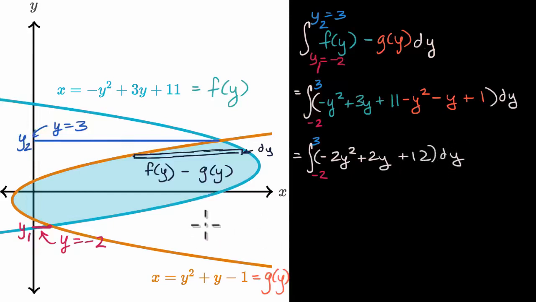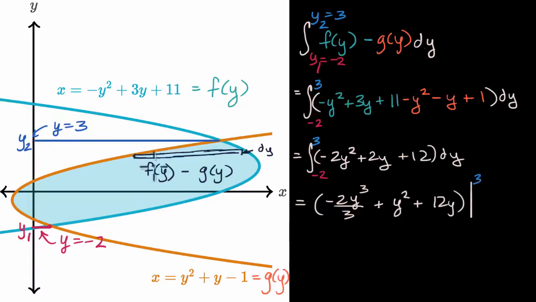And so what is that going to be equal to? Well, we just take the antiderivative here. This is going to be negative 2, let's increment the exponent, y to the third, divide by that exponent, reverse power rule, plus 2y squared divided by 2, which is just y squared, and then plus 12y, and we're going to evaluate that at 3 and at negative 2.